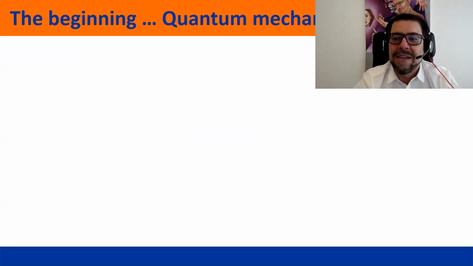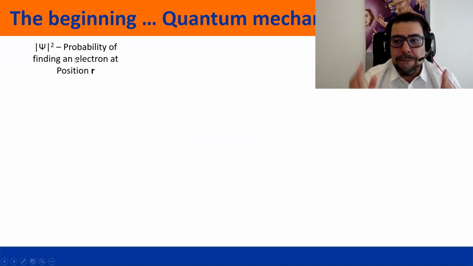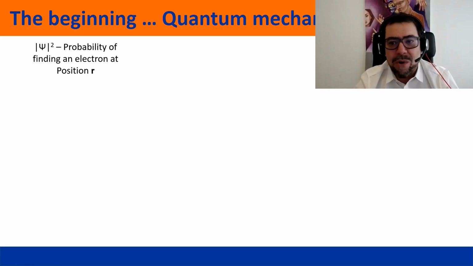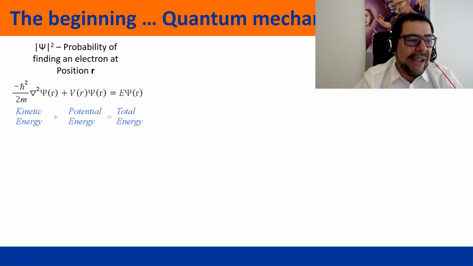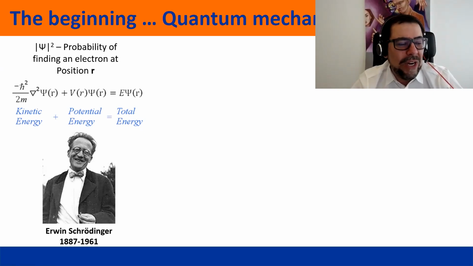It's a complex function, and its most ordinary interpretation is that its modulus squared, which is a real number, is the probability of finding a particle or an electron at a certain position in space. And it obeys an equation called the Schrödinger equation, who essentially proposed an equation to describe the behavior of electrons in atoms.